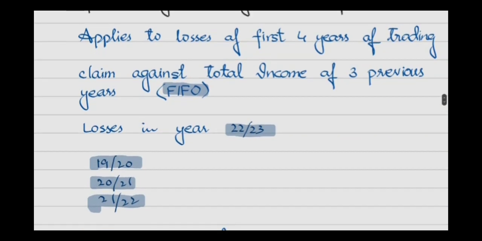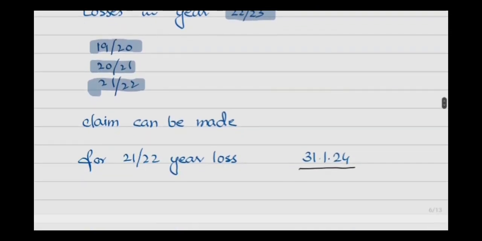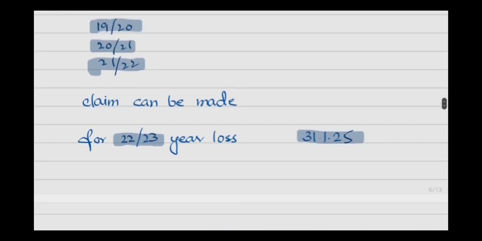So this is how opening year loss relief is applicable. Claim can be made for tax year 22-23. Loss claim can be made up to 31st January 2025.